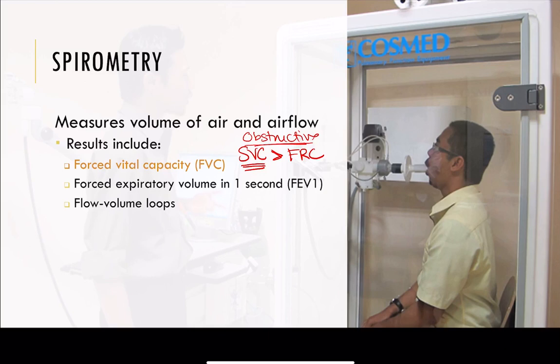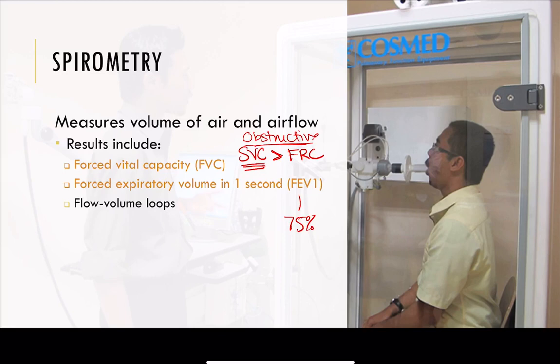Okay, so then the volume that comes out in the first second, as we mentioned, is the FEV1, or forced expiratory volume in 1 second. Your FEV1 should be about 75% of your vital capacity, or above 70.